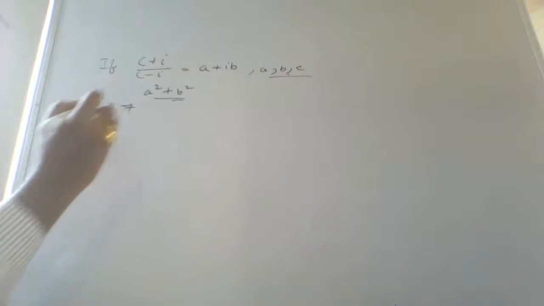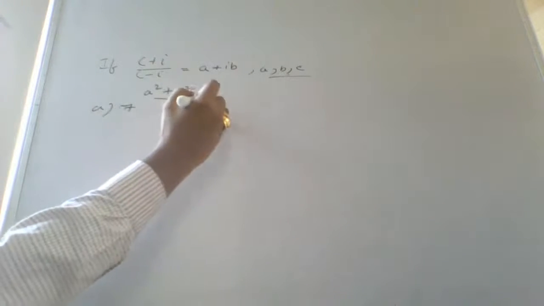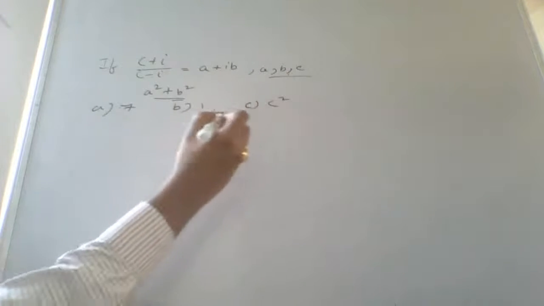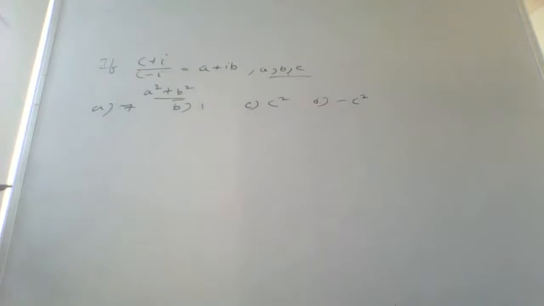The choices here are a, which is 7, b, which is 1, c, which is c square, and d, which is minus c square. We have choices like this.